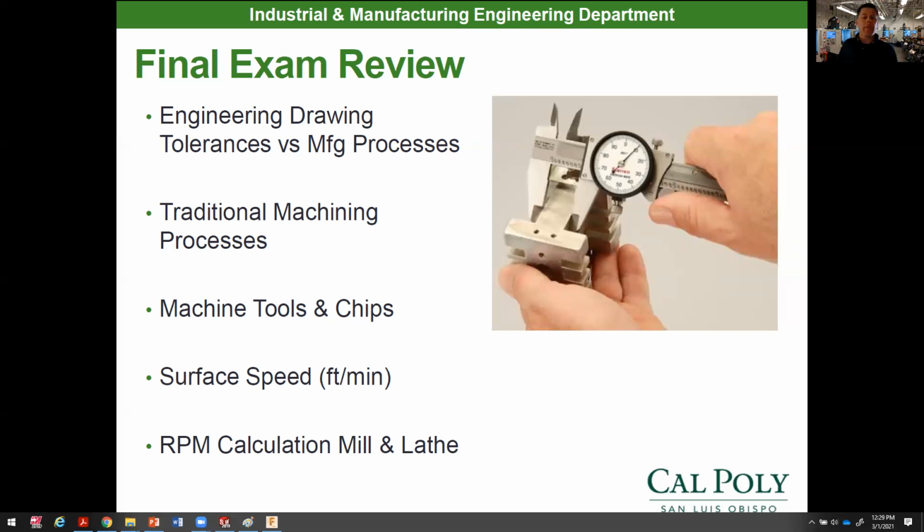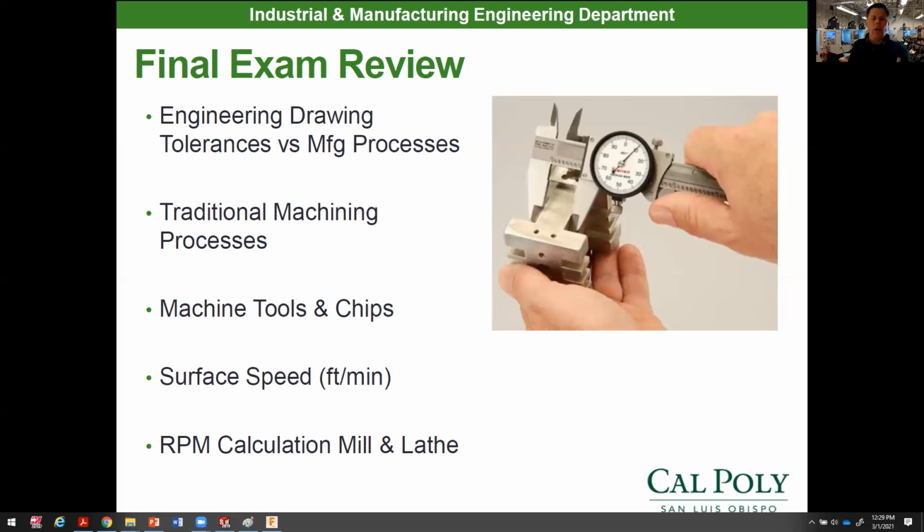So we use some sort of cutting tool that has geometry that puts shear stress into the part and basically removes material in the form of a chip. So we shear a chip off the workpiece. So I would know about machine tools, what they are, and that all machining processes produce chips. And I would know the traditional processes.